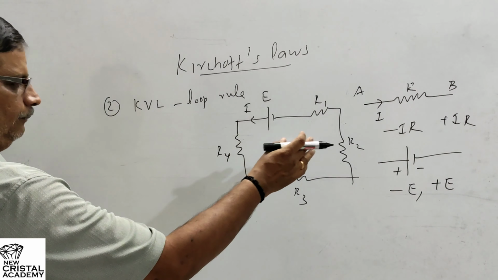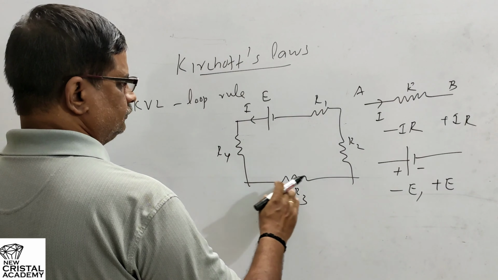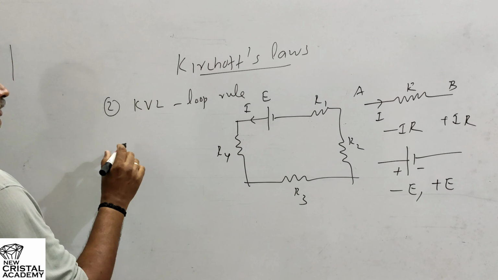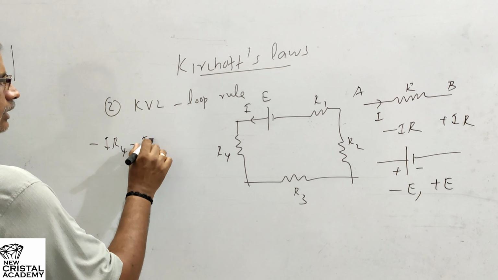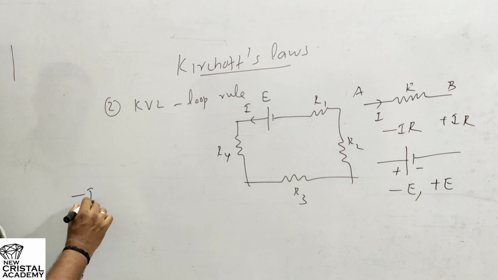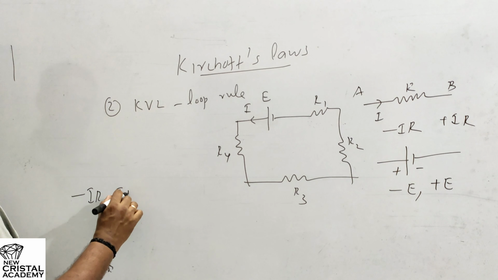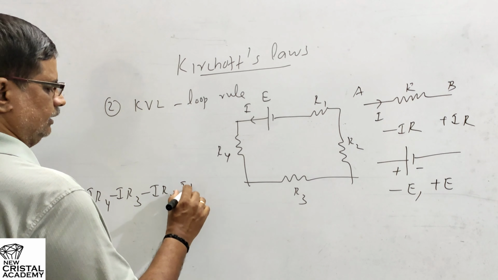So while following all these sign conventions here, we can write minus IR4 minus IR3 minus IR2 minus IR1.